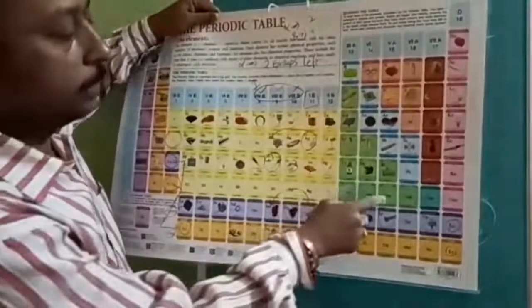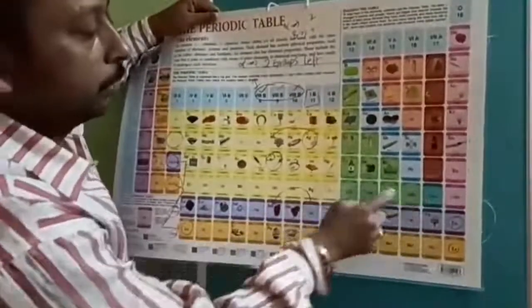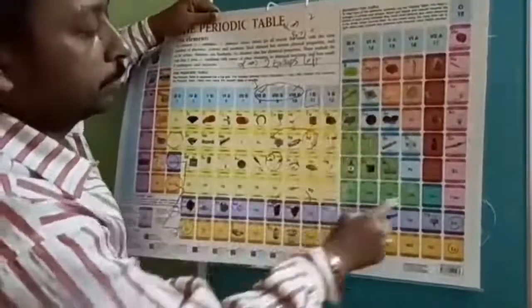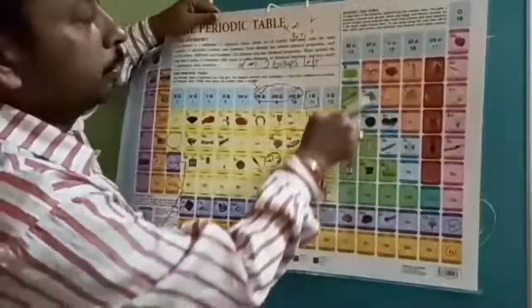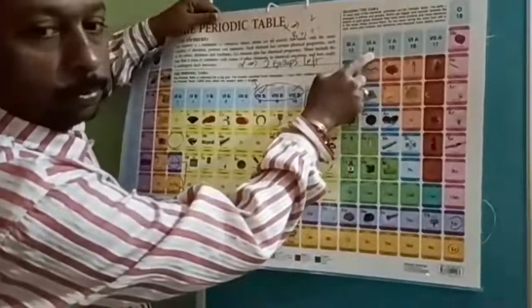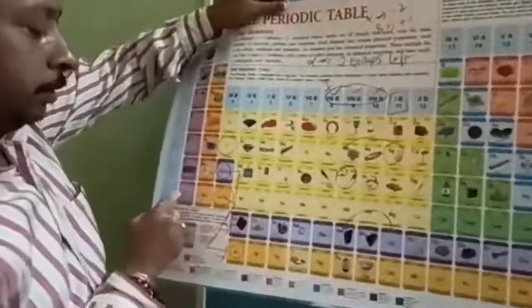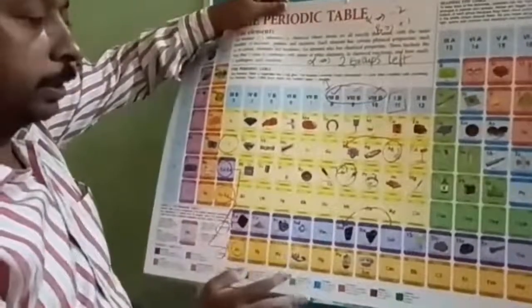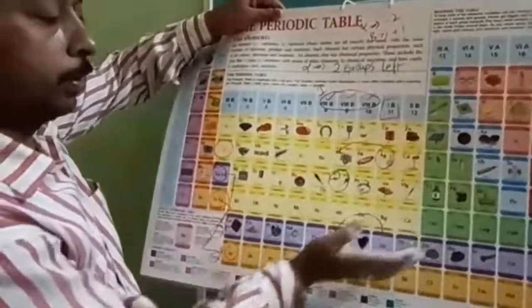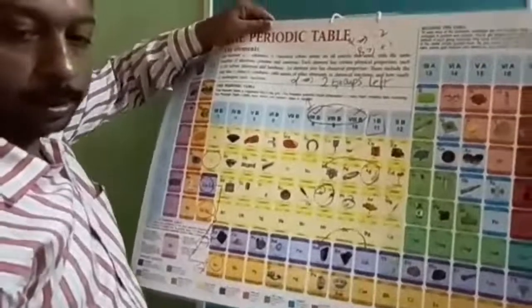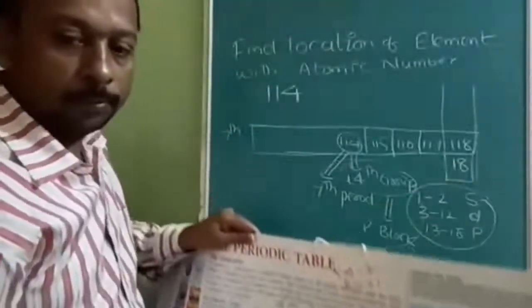So this is the 114 element. That means P block. Group number is 14th group. Period number is 7th period. These are lanthanides, these are actinides. So up to here only periodic table. Is this clear? I hope all of you understood or not.